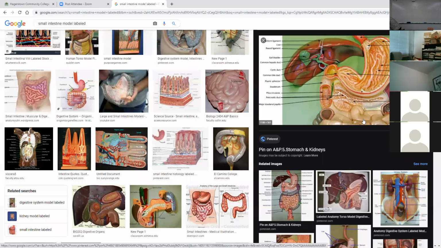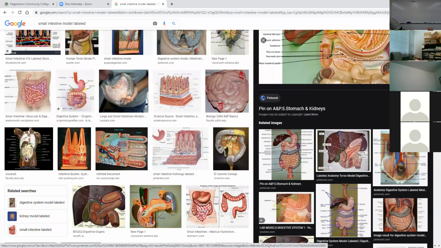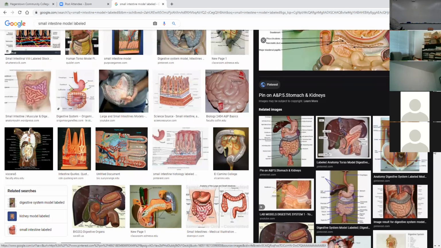Okay, so this being the pancreas right here, right? And this being the liver up here. And there should be one with a better listing of the ducts.